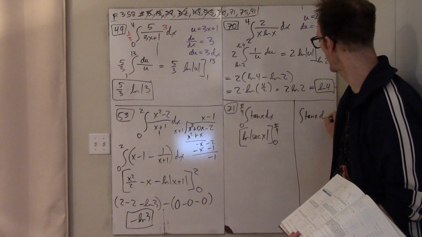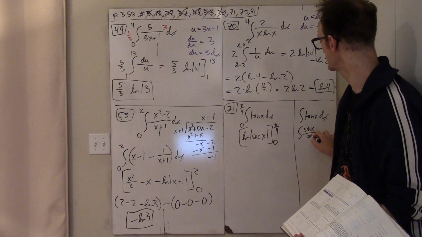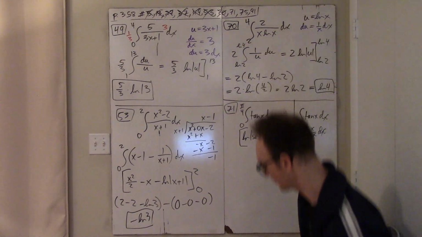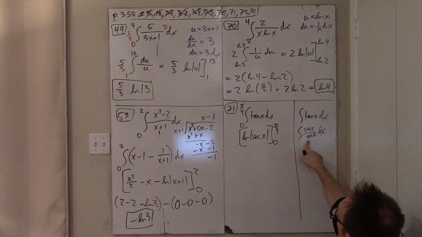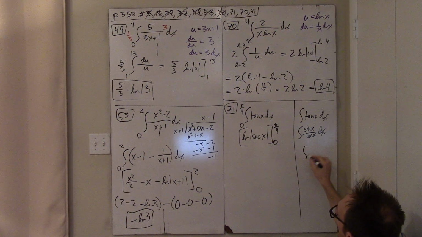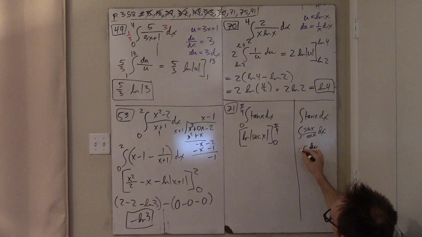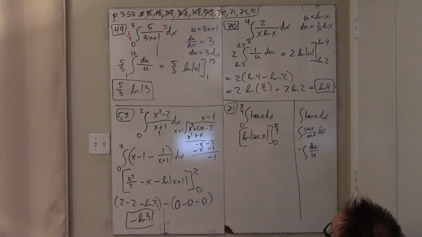from 10 minutes ago. The only difference is, you have sine over cosine, so you do a substitution. In this case, you let u be cosine, but then there's this extra negative in there because the derivative of cosine is negative sine, not sine.